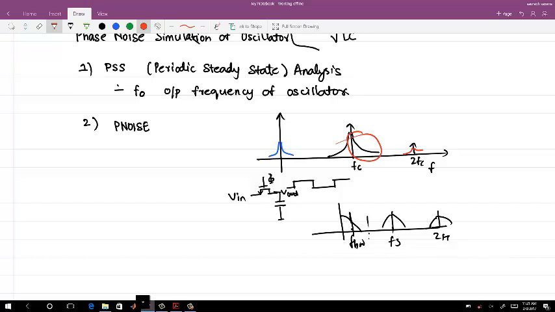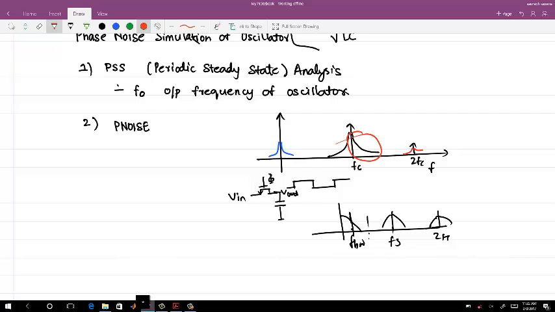So even without coming back to the Spectre simulation, I can just say I will reduce the phase noise by 3 dB, which is actually going to cost me twice the power. So I can do that simulation in MATLAB or whatever without coming back to the circuit again.